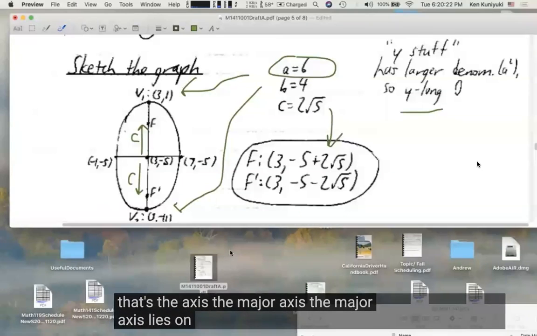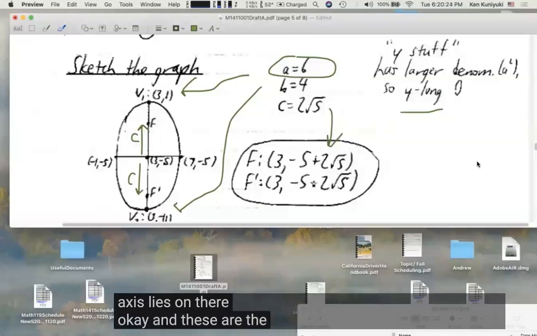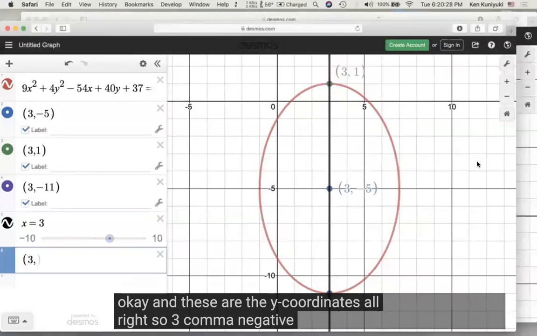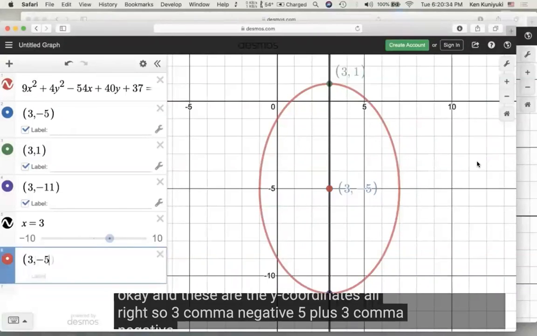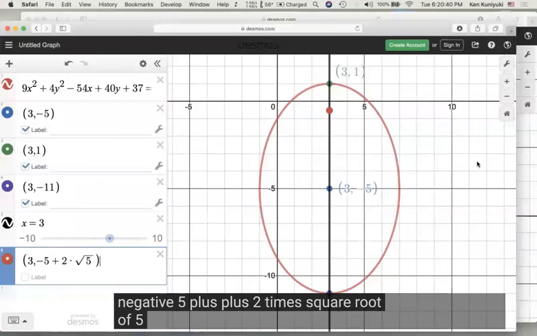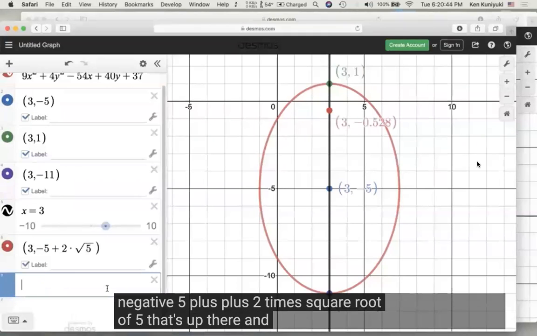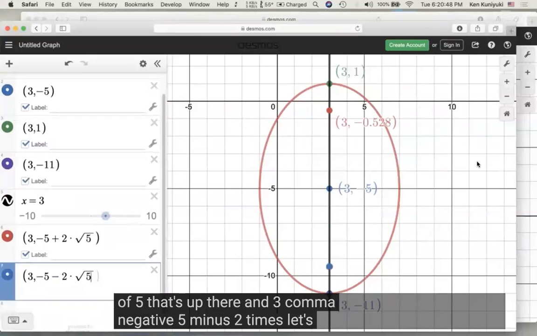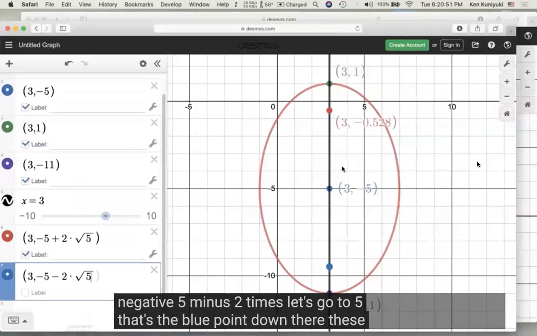So the foci are 3, -5 plus 2 times square root of 5, that's up there, and 3, -5 minus 2 times the square root of 5. That's the blue point down there. These are the 2 foci.